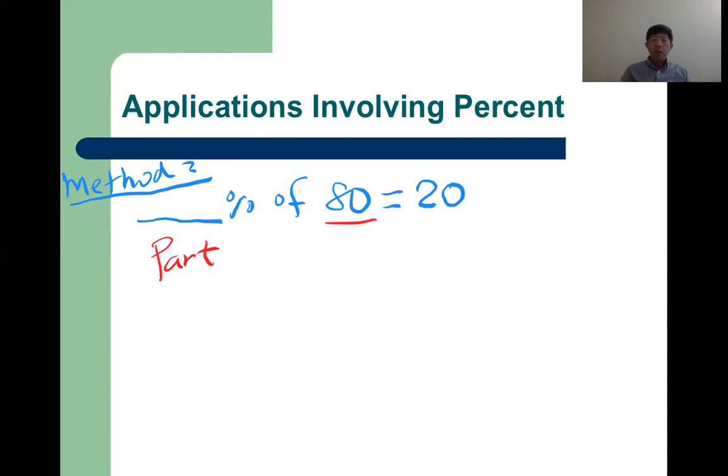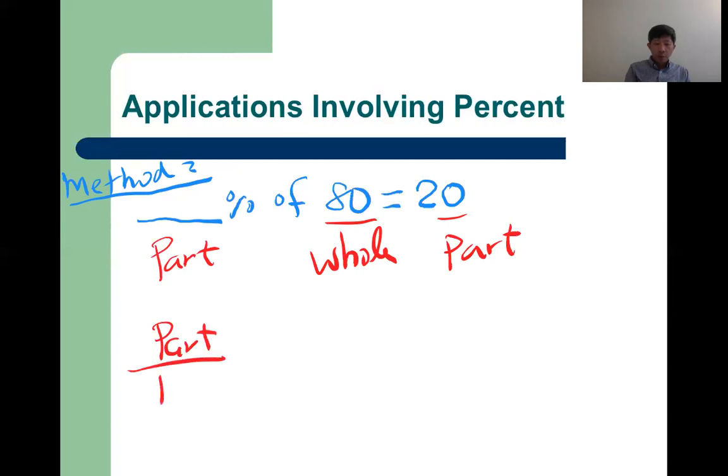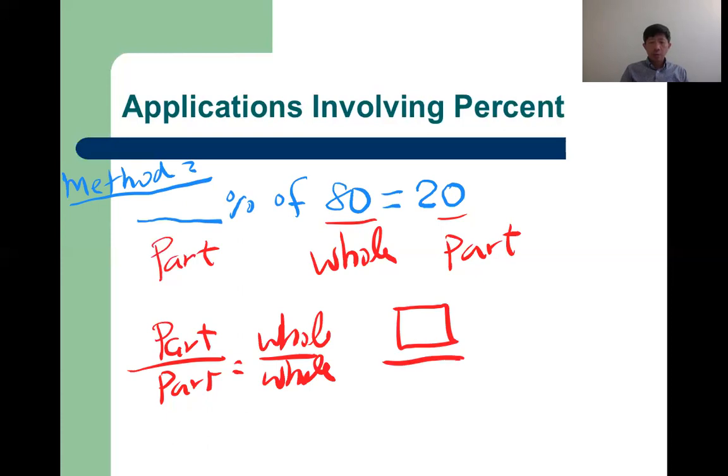And then 80 is the whole, all right? And then this is a part, all right? So I would say part over part is equal to whole over whole. All right. So part, how many percent? I don't know.